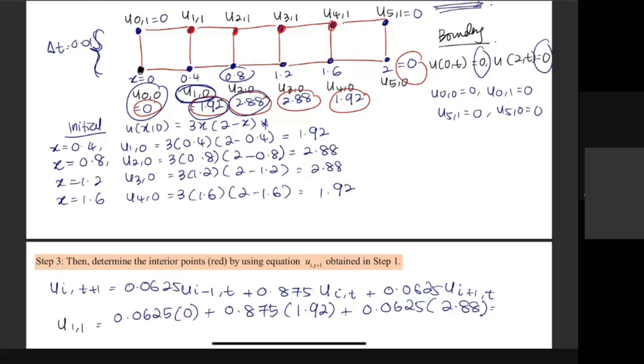When you calculate, you will get 1.86. So the temperature is 1.86.